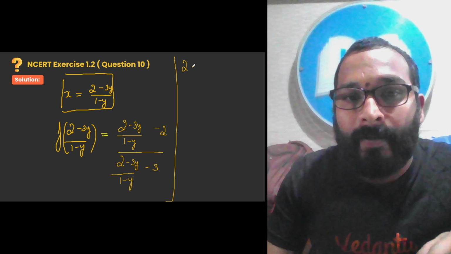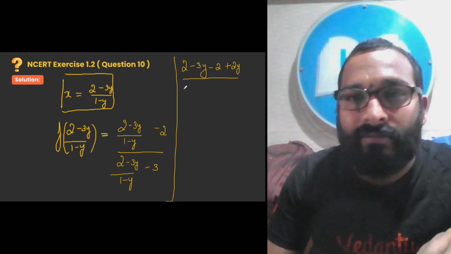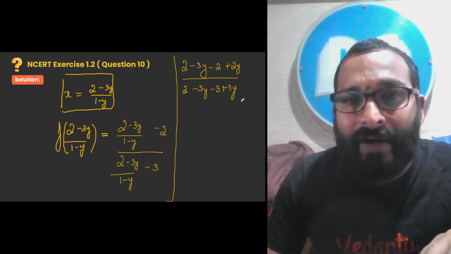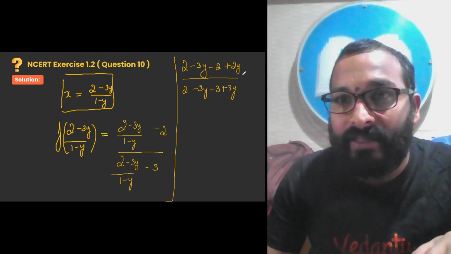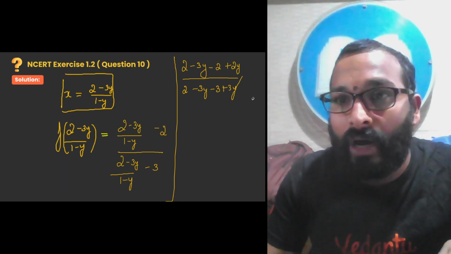Just check. 2 minus 3y minus 2 plus 2y, the common factor 1 minus y gets cancelled, so we are not writing that. So 2 minus 3y minus 3 plus 3y. Yes, children? Are we getting this? Yes. Which is equal to what, children? If you are trying to simplify here, what are you getting?